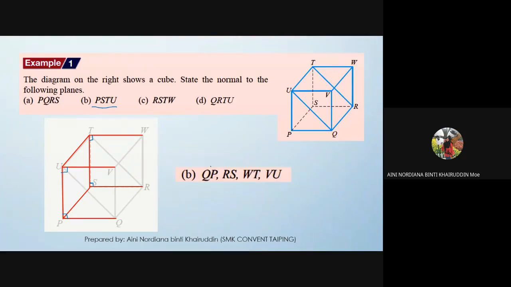So this is the answer: QP, RS, WT, VU. Order of this letter tak boleh terbalik. Okay. Boleh faham ke?